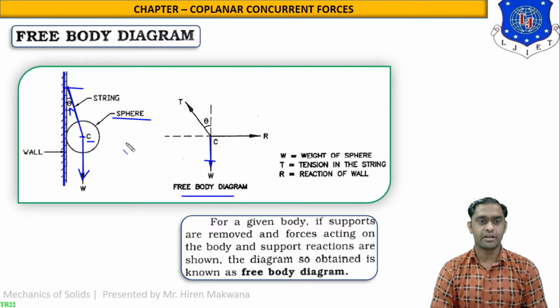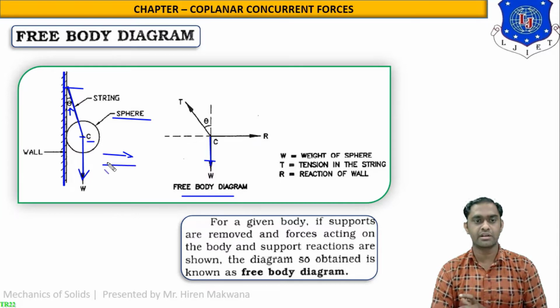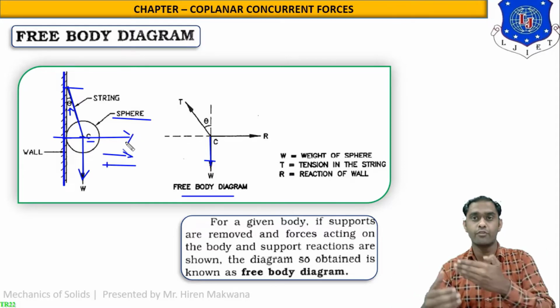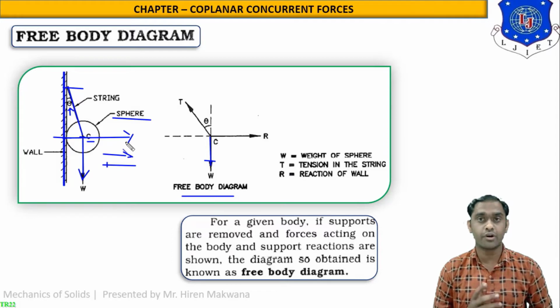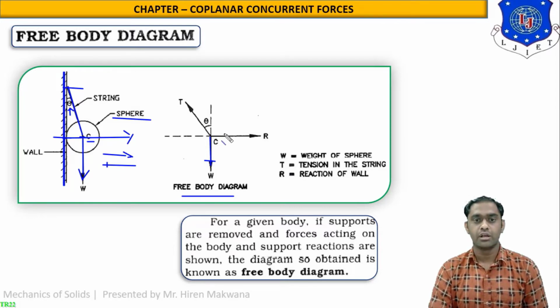Now if you move the sphere in the right direction and then remove the force, then the sphere goes in the reverse direction. It will collide with the wall at this point, and the opposite force at this point will act in this direction. This opposite force or colliding force is known as the reaction of the wall.